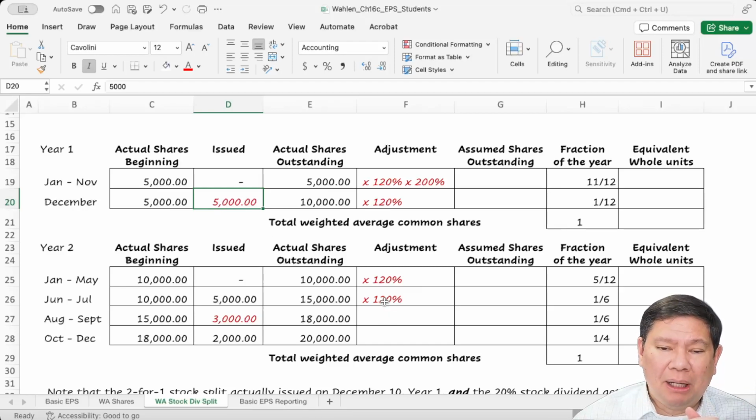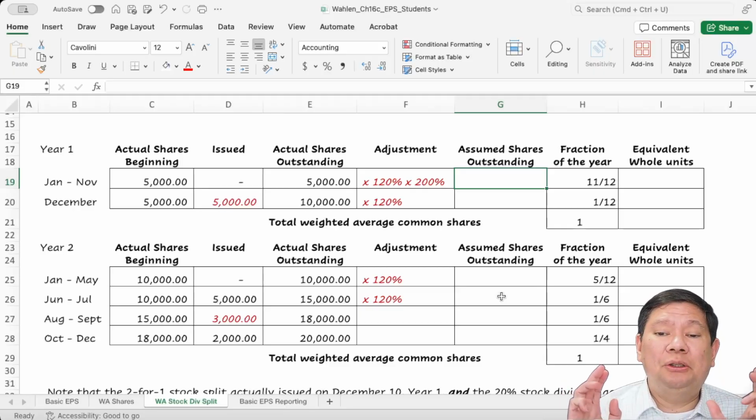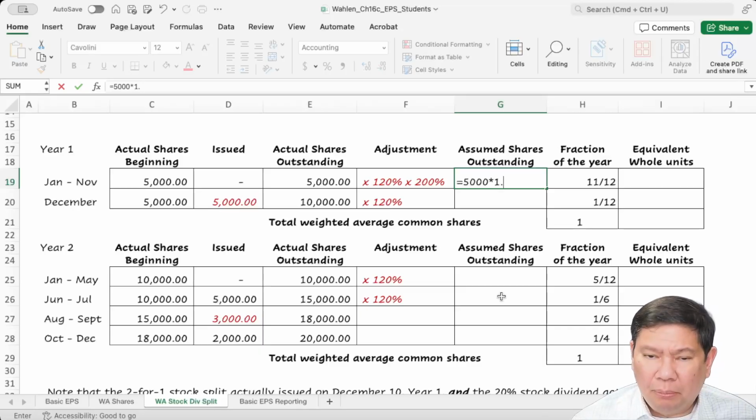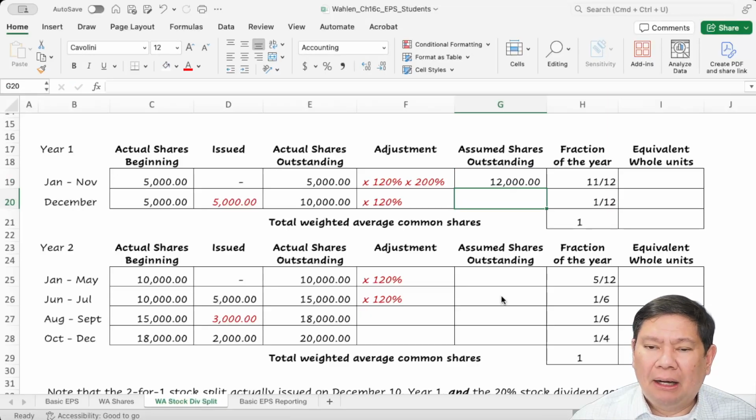So we multiply by 120% and 200%. Then we can calculate the assumed shares outstanding: 5,000 times 1.2 times 2 is 12,000.